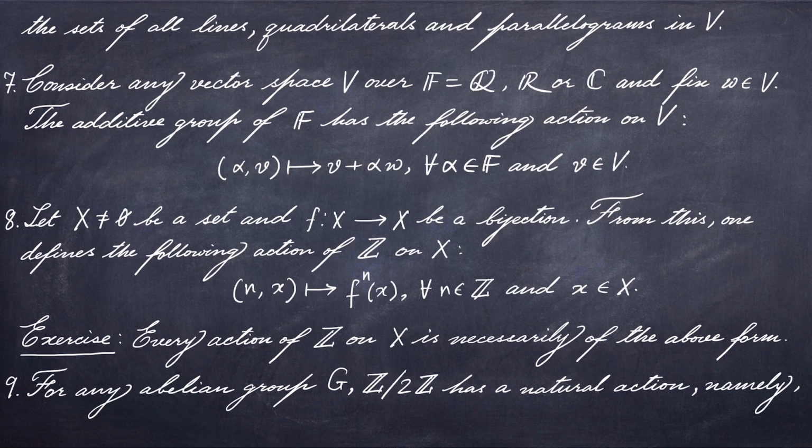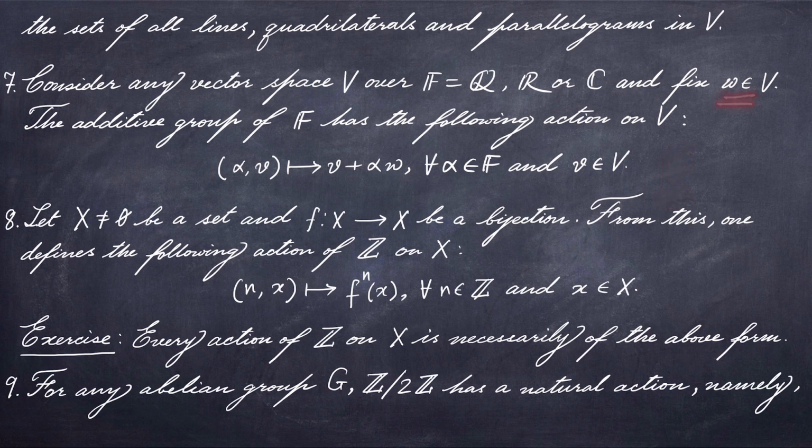Earlier we have seen that any vector space V admits an action of the multiplicative group of the field. Now we are going to see an action of the additive group F on the space V. How is that?